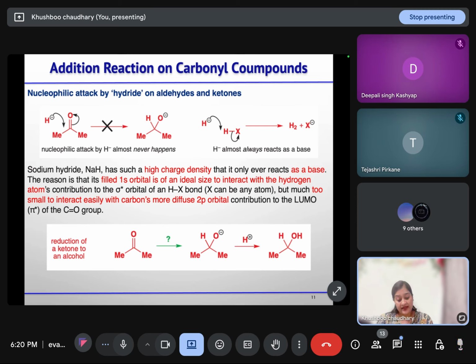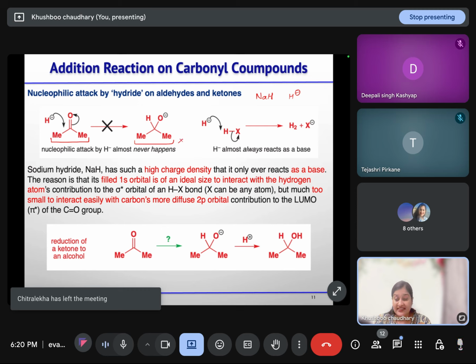Now, if we have sodium hydride, where H negative is the hydride source or the nucleophile, and we treat acetone with sodium hydride, we will not get the addition product. Instead, it will take a proton from the methyl and form an enolate. Now, why is that so?